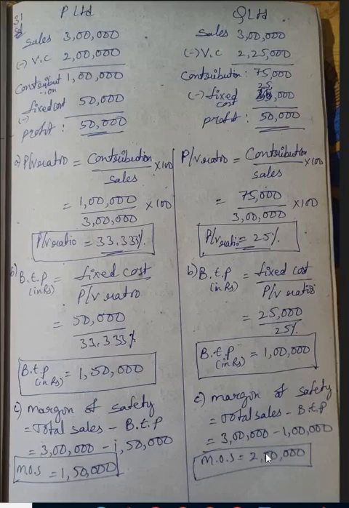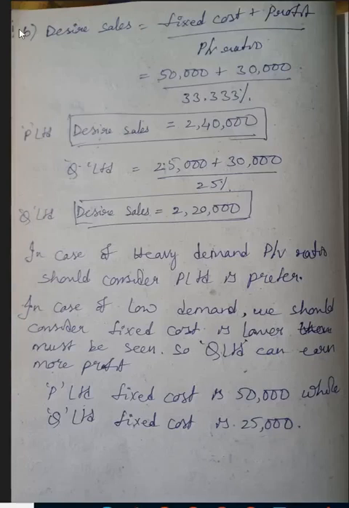Next we have to find desired sales. It is asking to find the sales for the desired profit, which it has given as 30,000. Fixed cost is 50,000. 50,000 plus 30,000, that is 80,000, divided by P/V ratio 33.33%.